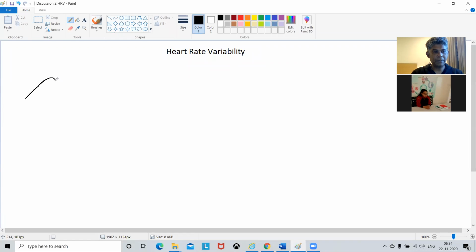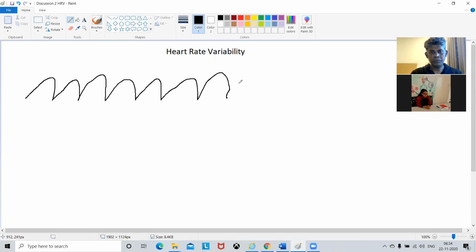So we have this capillary signal, which is the pulse.